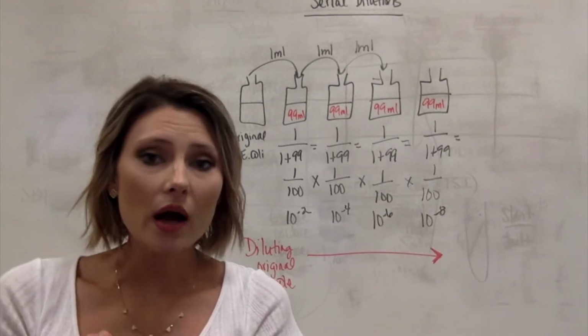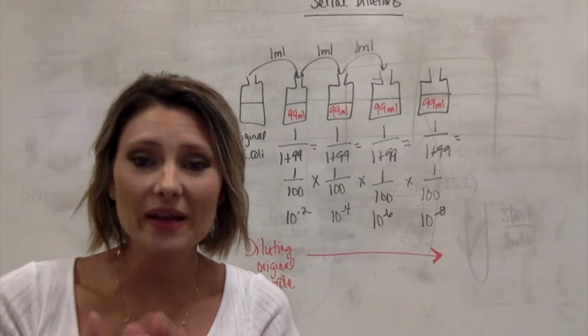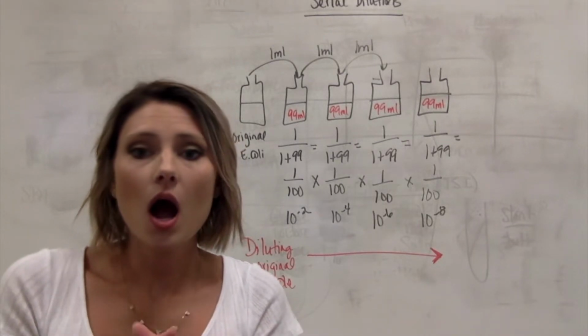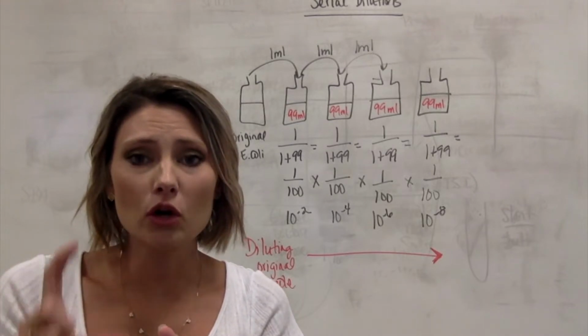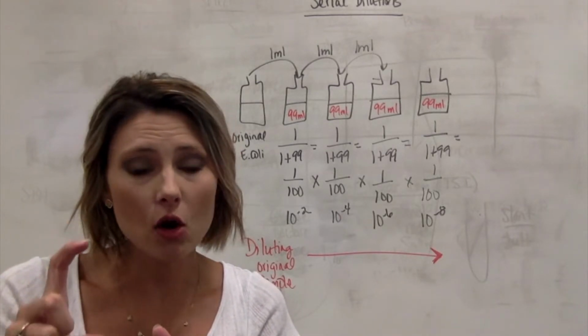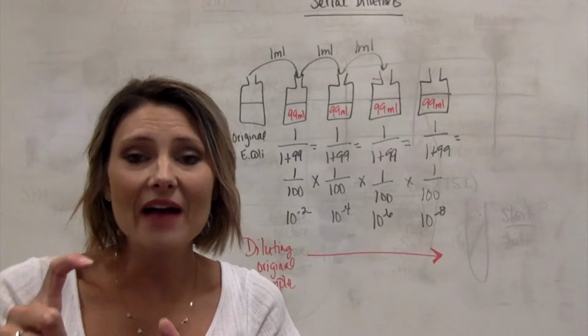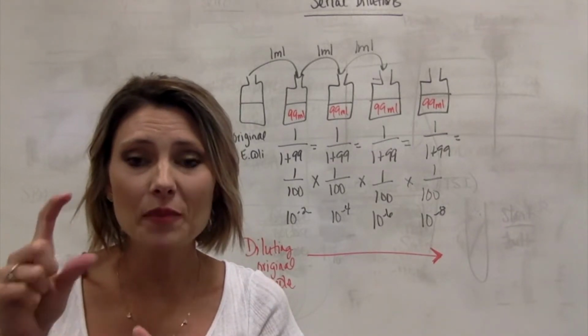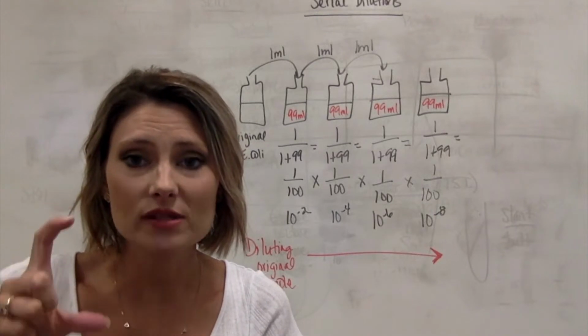The reason why we have to do dilutions is because bacterial cell numbers are so high. In a 100 ml sample, which is not a whole lot, you can have millions, tens of millions, hundreds of millions of bacterial cells in that small sample.